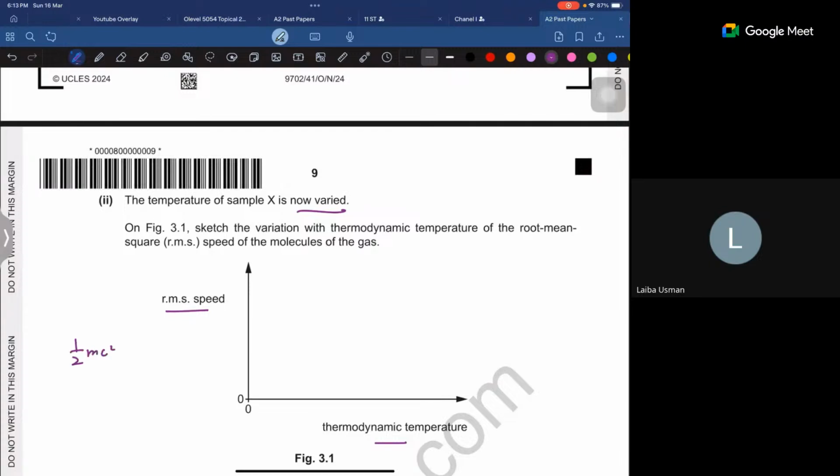Half m c square equals 3 by 2 kT. It is talking about the speed of gas molecules. Okay, that's fine. So if I make c square the subject, the 2 and 2 will cancel out. Sorry. So 3kT over m, like that.